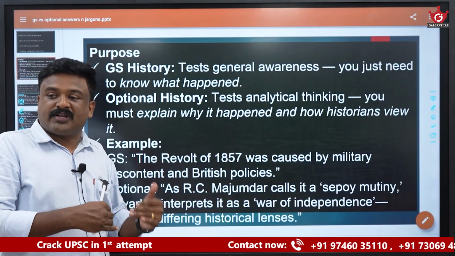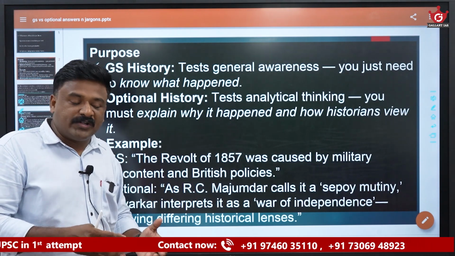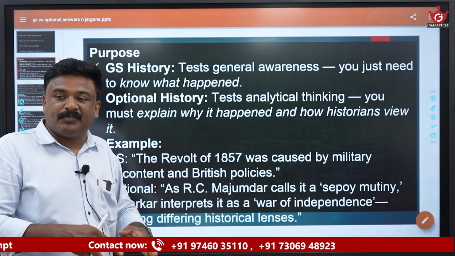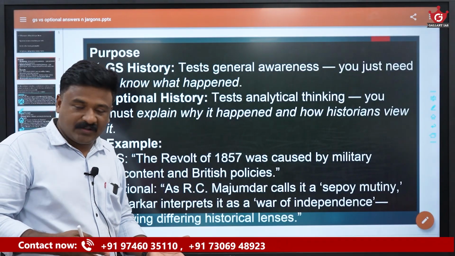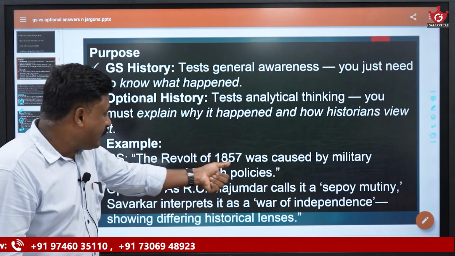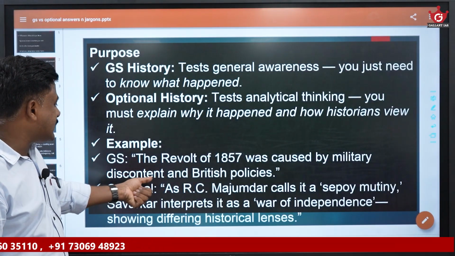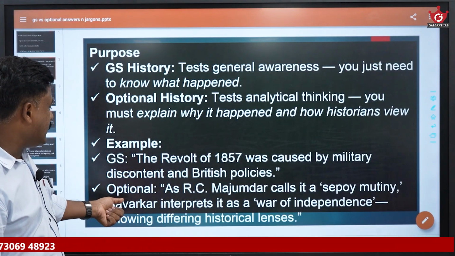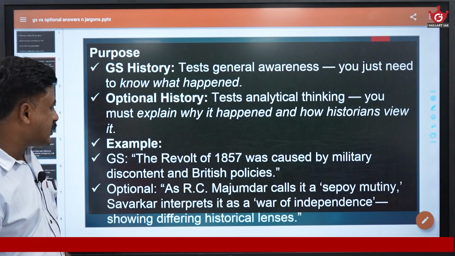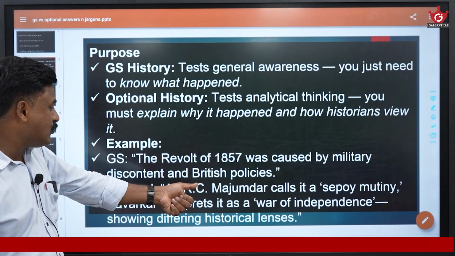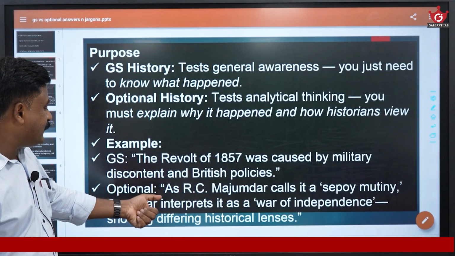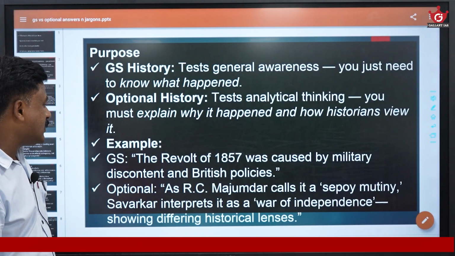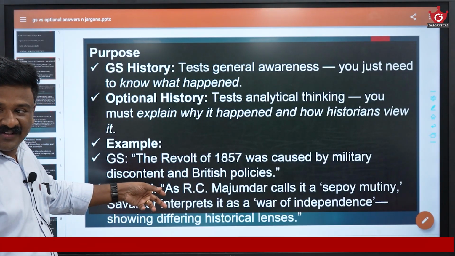But coming to the history optional answer, obviously you have to analyze the character from different historians' perspectives. Okay, see, the revolt of 1857 was caused by military discontent and British policies. Then, R.C. Majumdar calls it a Sepoy mutiny, Savarkar interprets it as a war of independence, showing differing historical lenses. See how this happened.